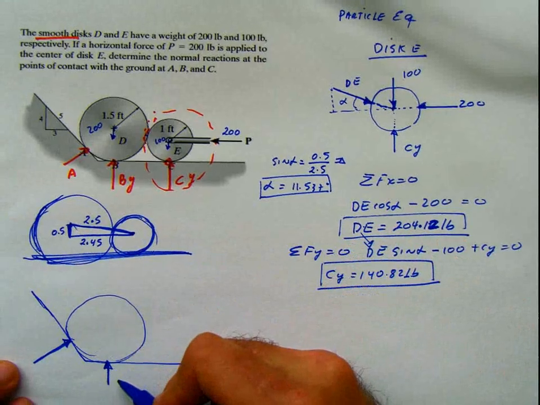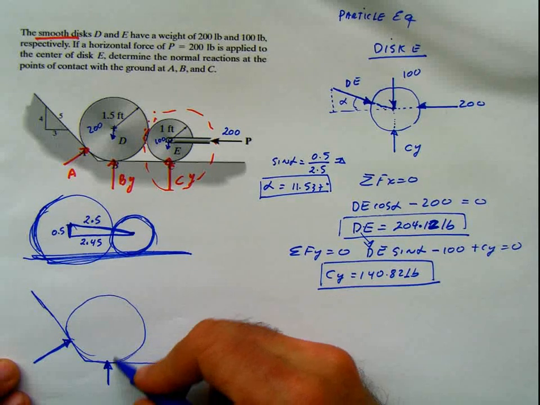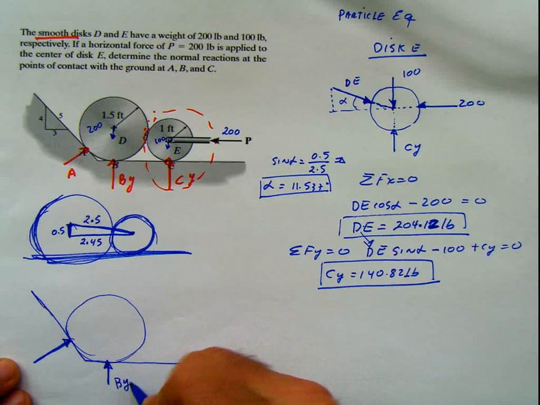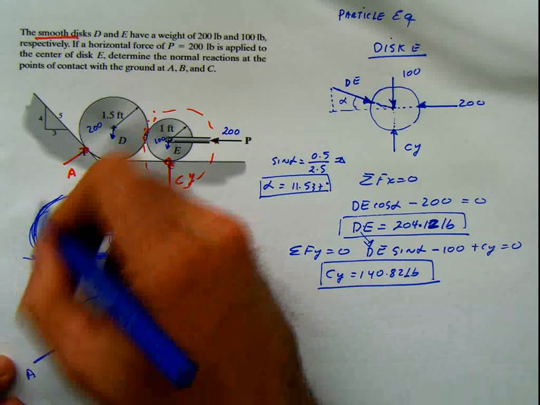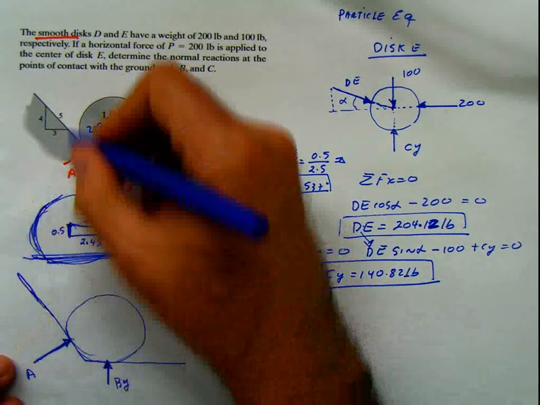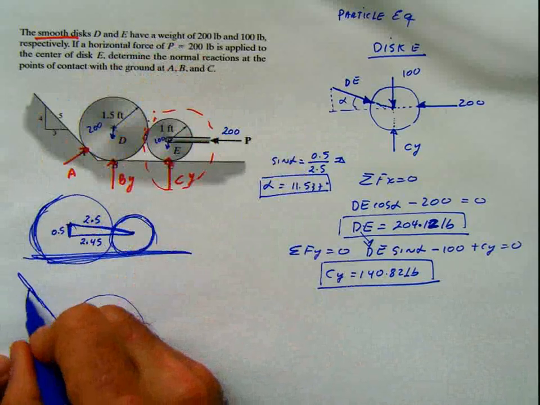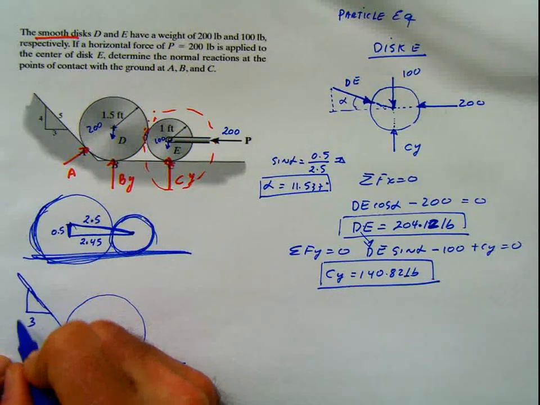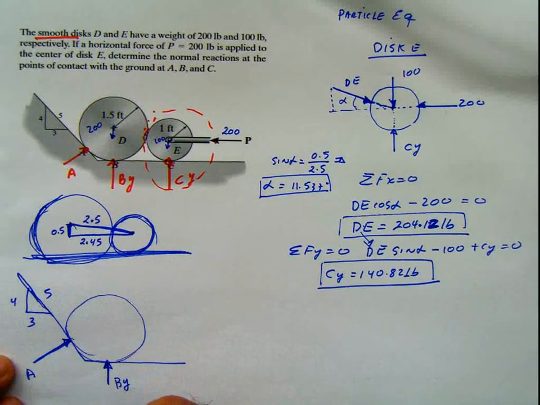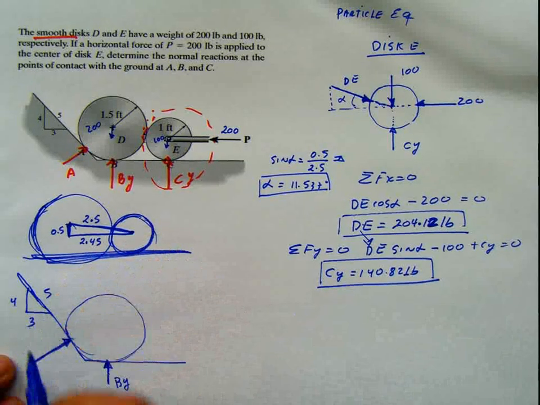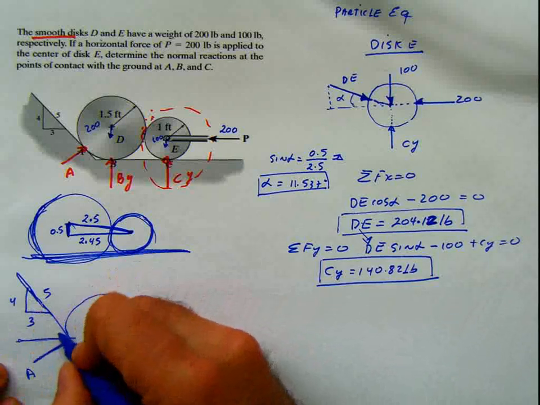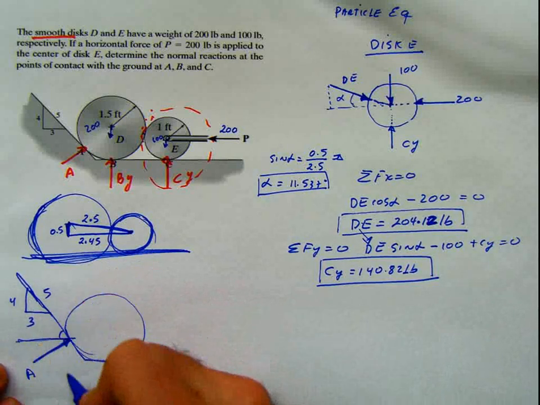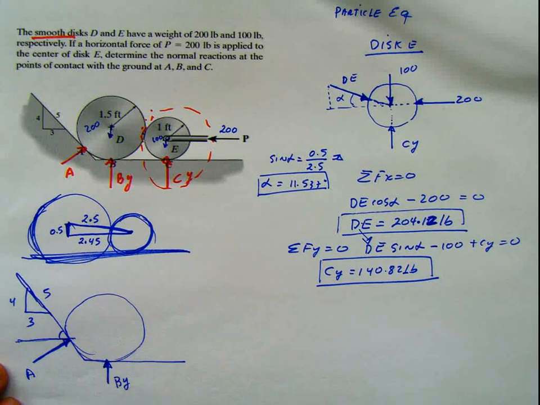Okay, so we have this force here, which is Vy, and we have this force here, which is A, the normal force. That's how we call it. And we have the inclination of this plane. That means this is going to be a 3, 4, 5 angle, which is giving us also this angle is 3, 4, 5, and this is the complementary angle to that one.